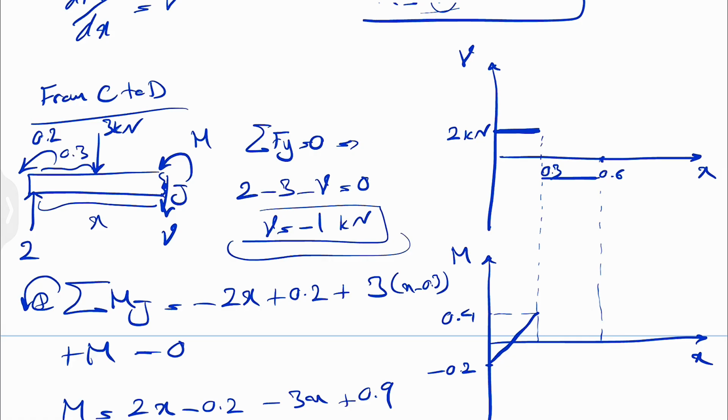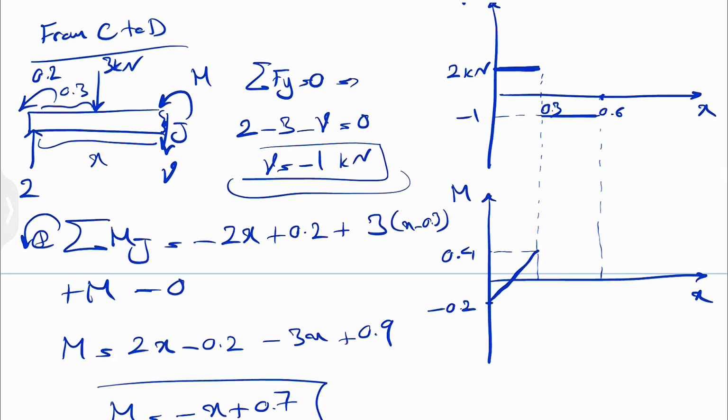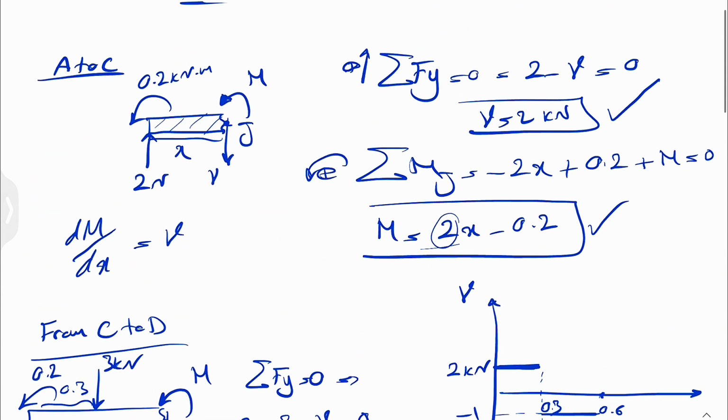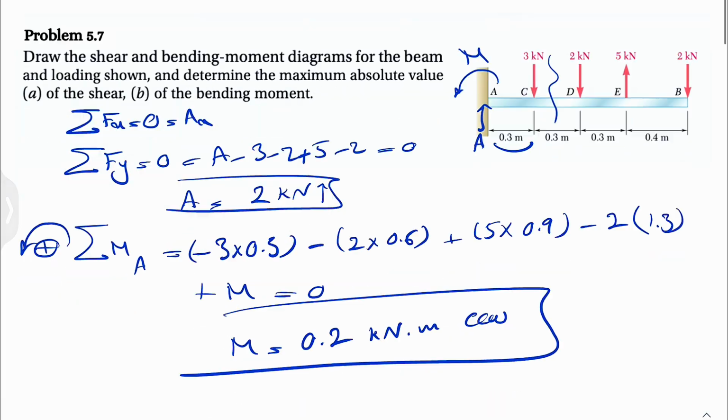So a little bit smaller, -1, and we're going to start here, and if we put 0.6, we're going to get a little bit above the x-axis. So this is actually 0.1. And yeah, that's that. Let's move on from D to E.